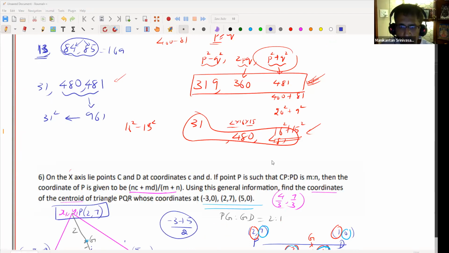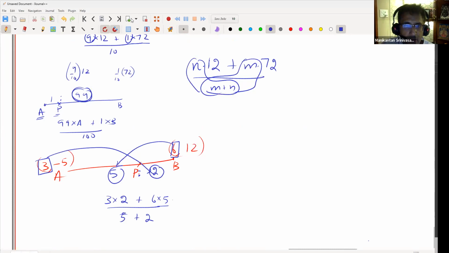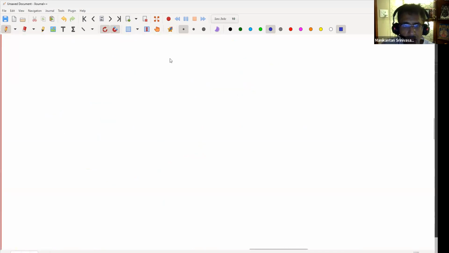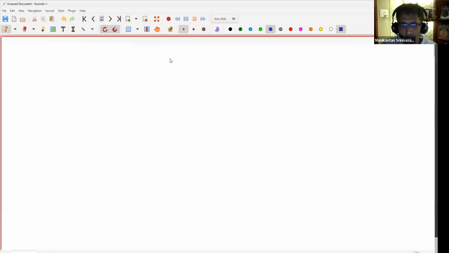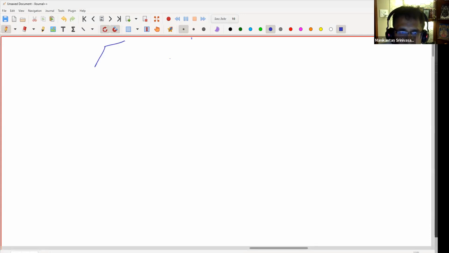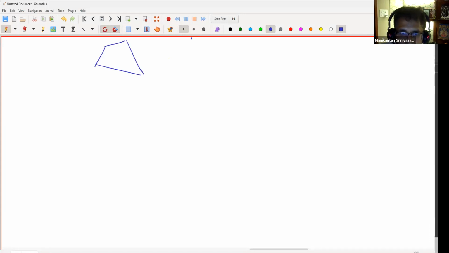I just wanted to do a few properties on quadrilaterals and circles before we wrap for today. Okay, so quadrilaterals, you guys know all this, but just to be on the same page. I can start with any quadrilateral here, a generic quadrilateral, right? The first division coming from a quadrilateral is a trapezium.